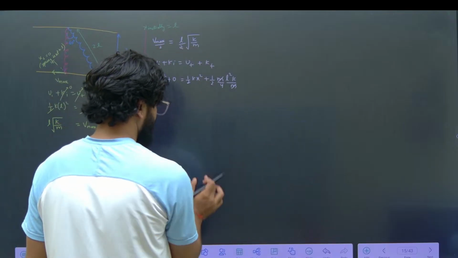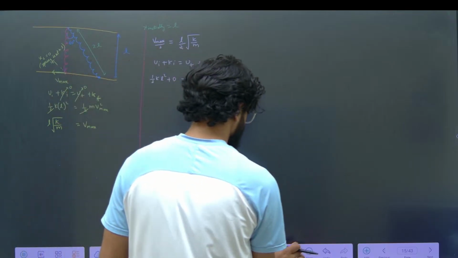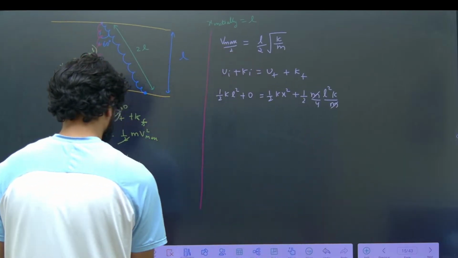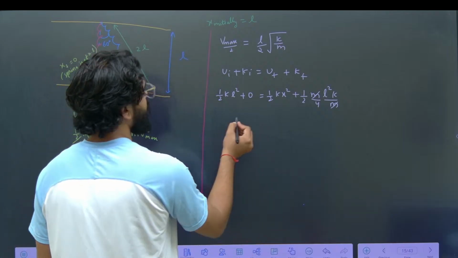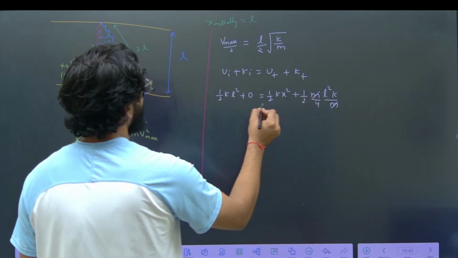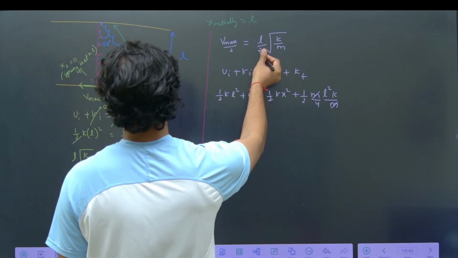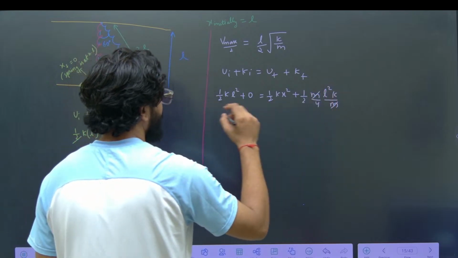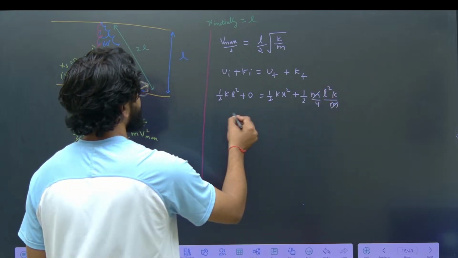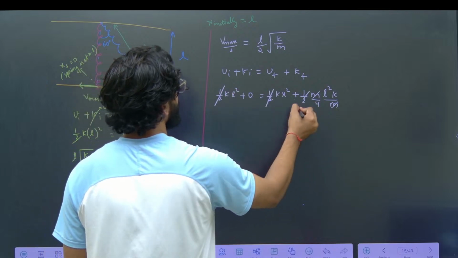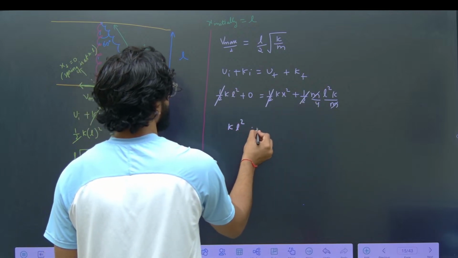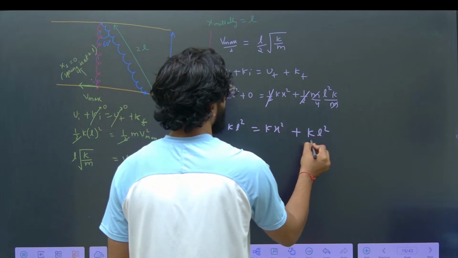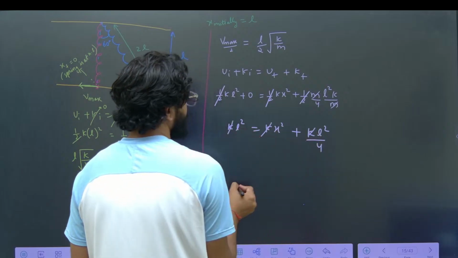Apparently we are getting a slightly different answer. So let's solve one more time. Half mv square. So v is this clearly. So 4 will come, L square k by m, right? Okay, m gets cancelled out. Half can also cancel out. KL square equals kx square plus kl square by 4. K cancelling out.